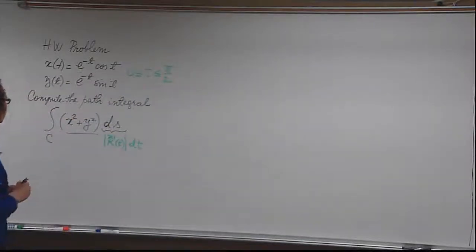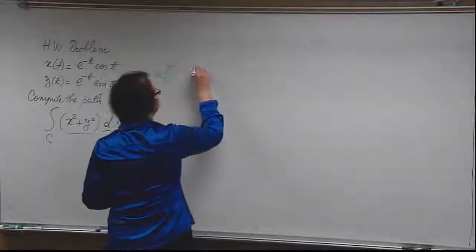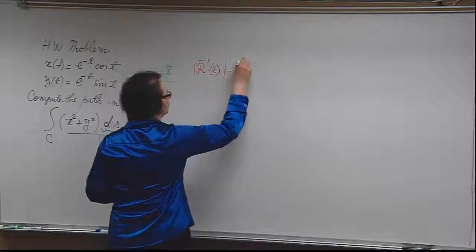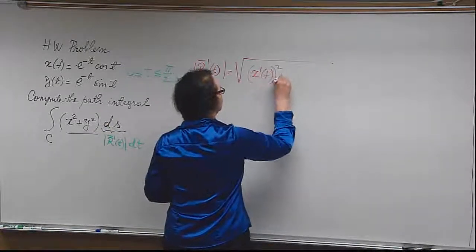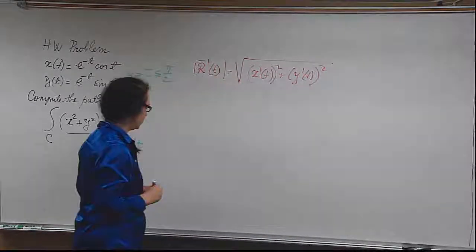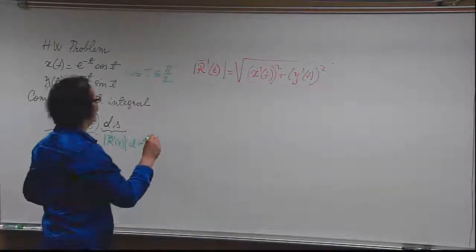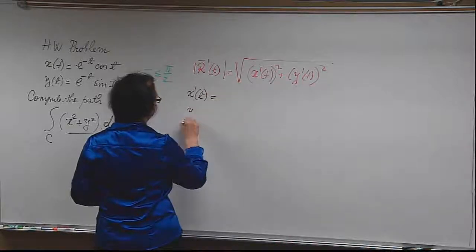So let us write the r prime of t, the speed, square root of x prime of t squared plus y prime of t squared, because this is a planar curve. Before we do that, we have to go ahead and compute x prime and y prime.